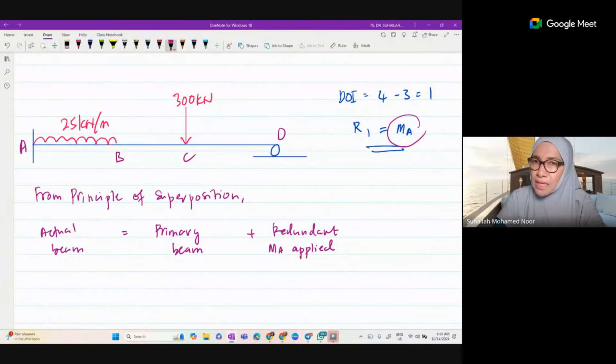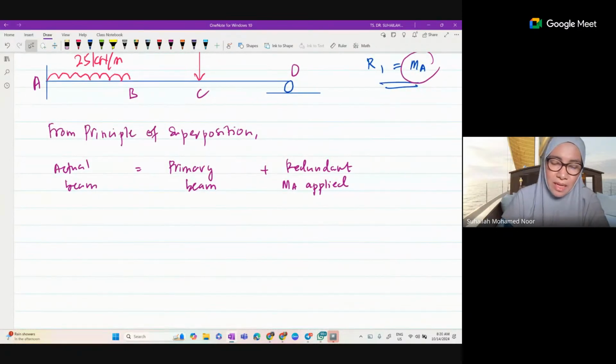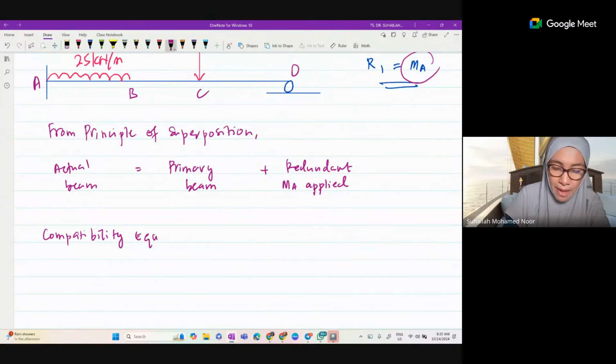Later on, we will determine the displacement in the primary beam and the displacement in the redundant beam. From this we get the compatibility equation, because we know that by solving the compatibility equation, we will get the redundant.